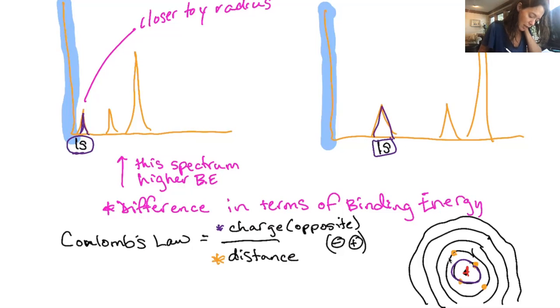So we can't say that the difference is based off of the distance anymore because they're both the first energy level. So we're going to say that the difference is based off of the charge, which in fact it is. That's what's going on here.